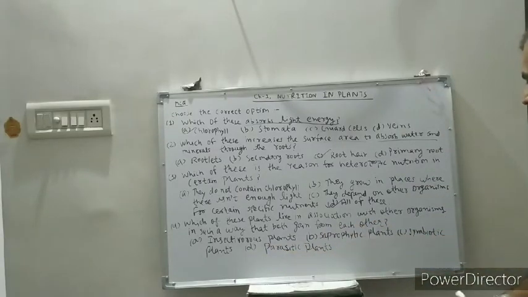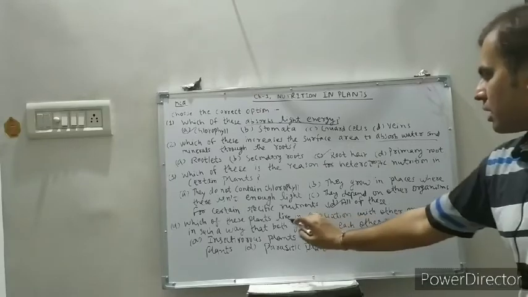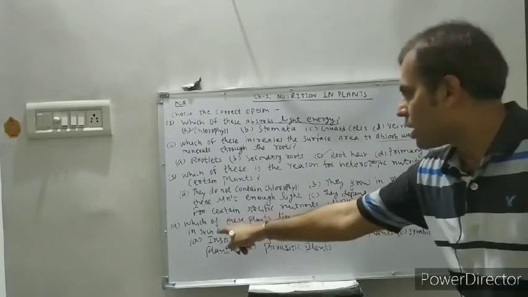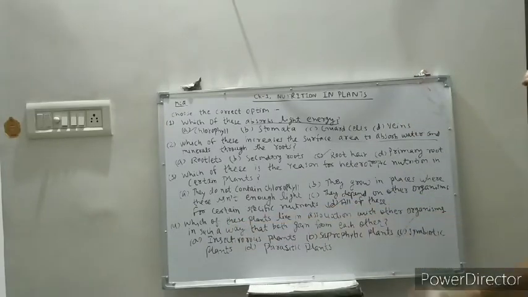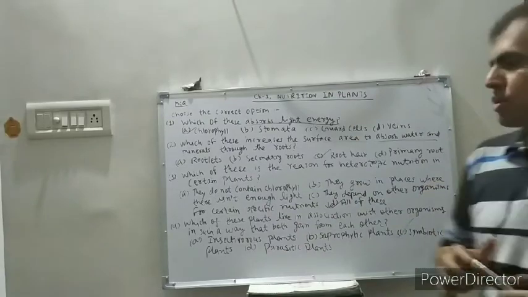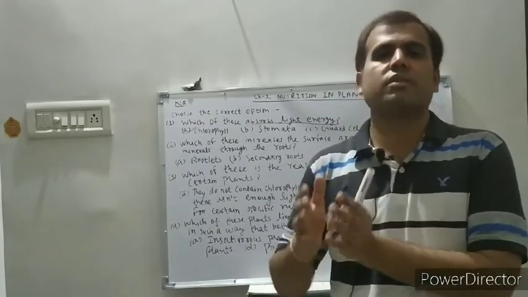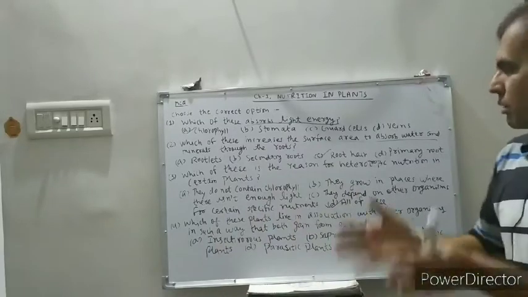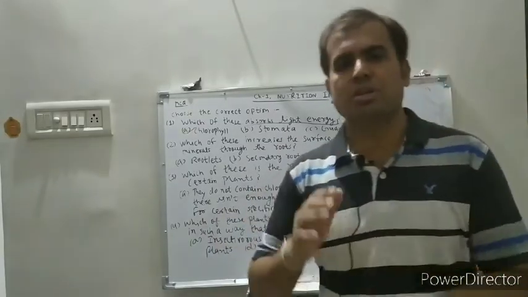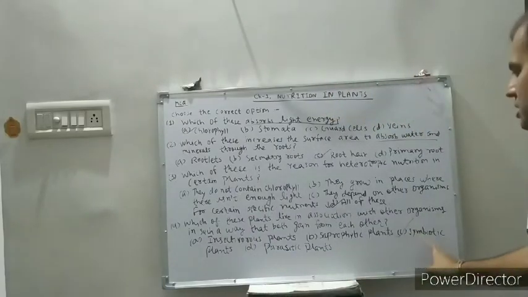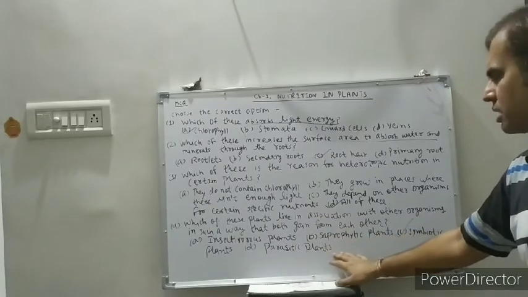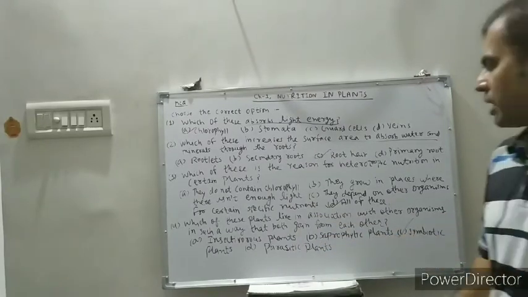But symbiotic plants live in association with other organisms in such a way that both gain from each other. So symbiotic plants collaborate with other plants, and with this association they both gain energy from each other. So the correct answer is symbiotic plants. We have already discussed the categories of these heterotrophic plants.